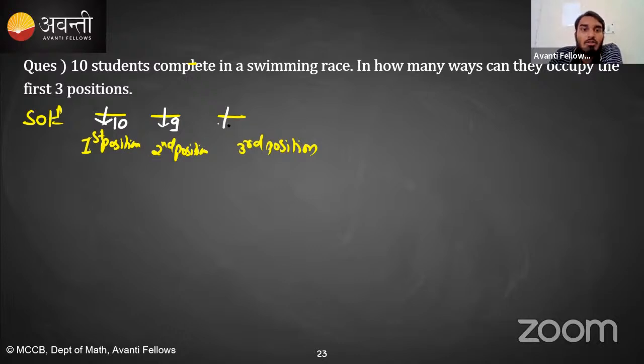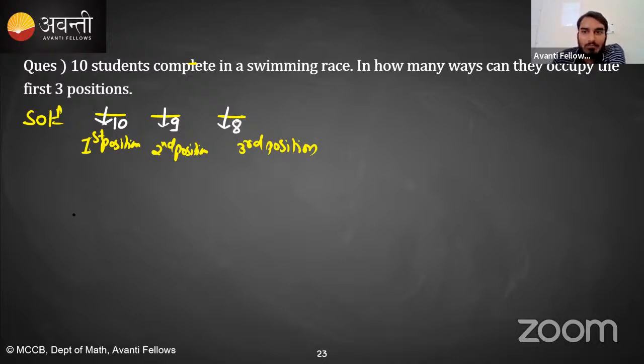And corresponding to each of these, how many choices are left for the third position? The first position is filled by some person, and some other person has filled the second position. So now 8 people remain. So there are 8 possible ways to fill the third position.